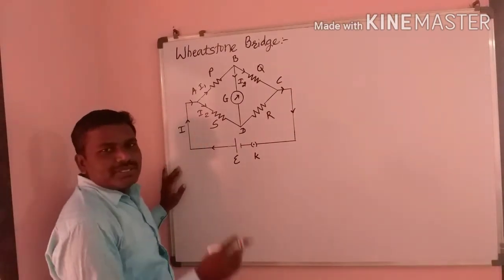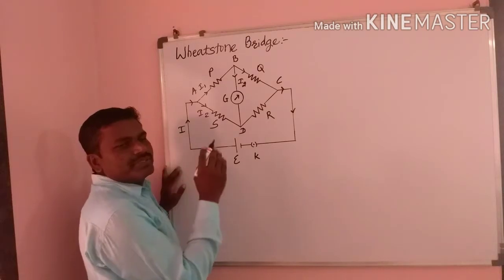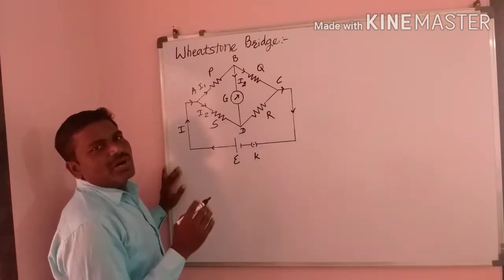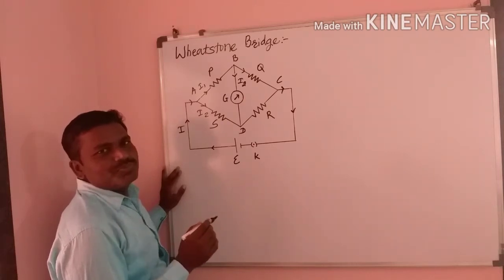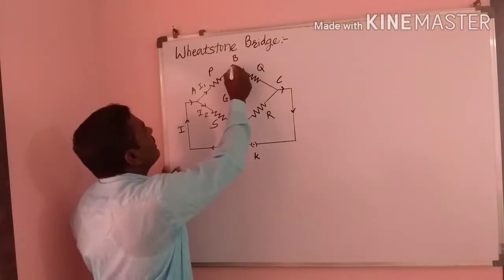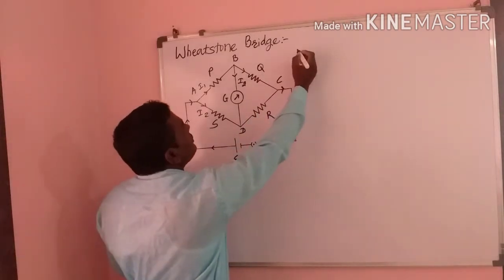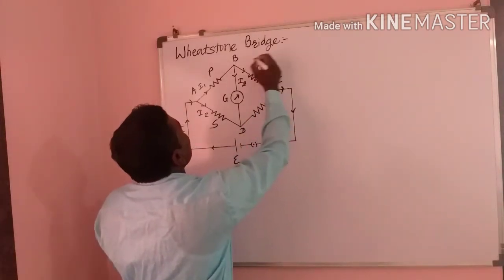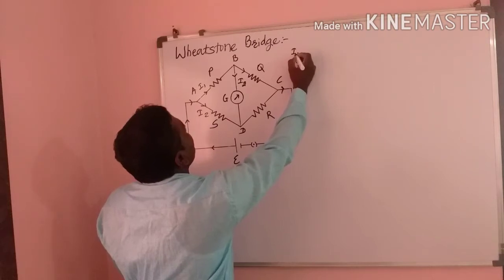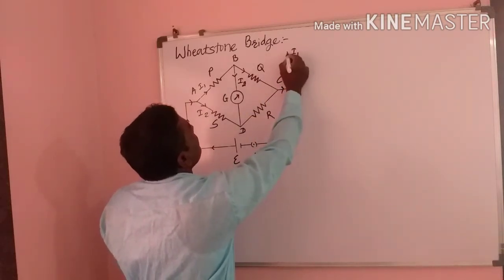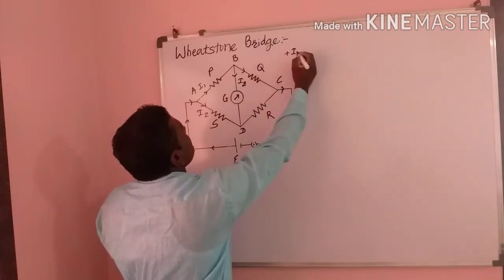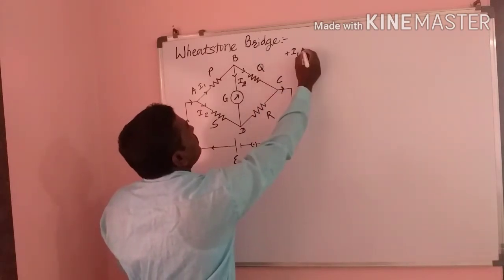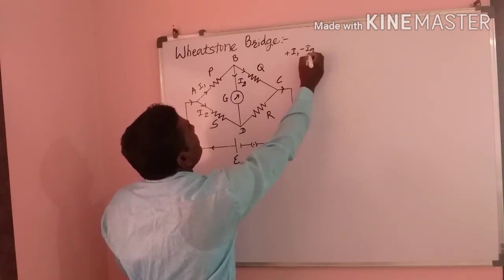We know Kirchhoff's first law: the algebraic sum of currents at any junction is equal to 0. That means at point B the current I1 comes toward the junction, so it has a plus sign, and the current Ig is away from that junction, so it has a minus sign, so we write minus Ig.